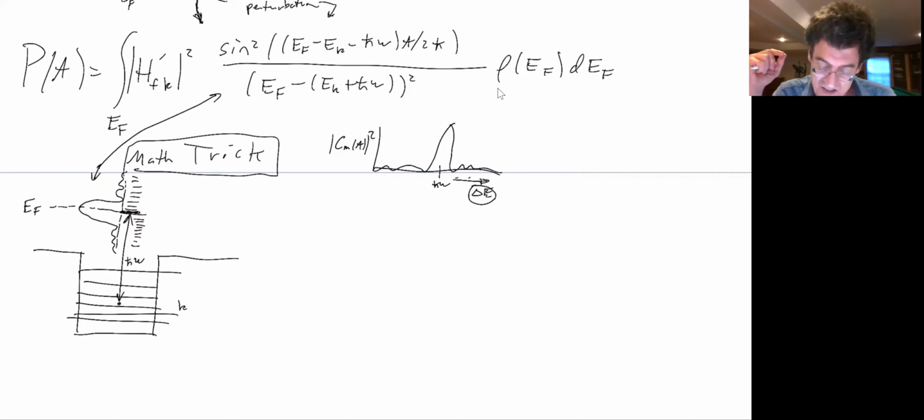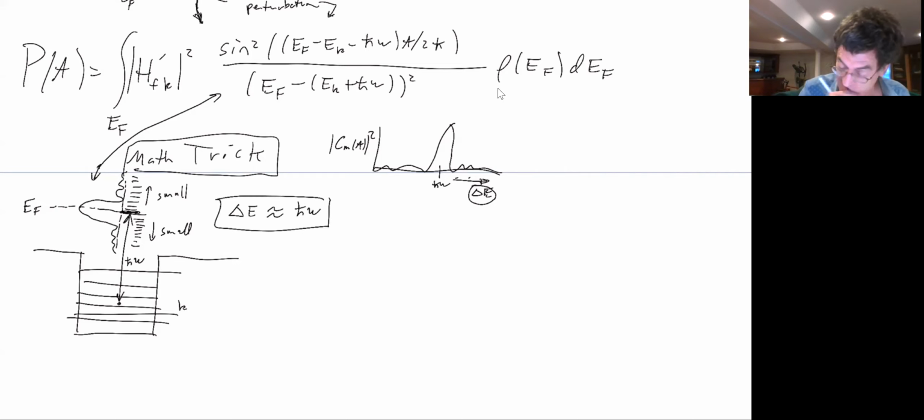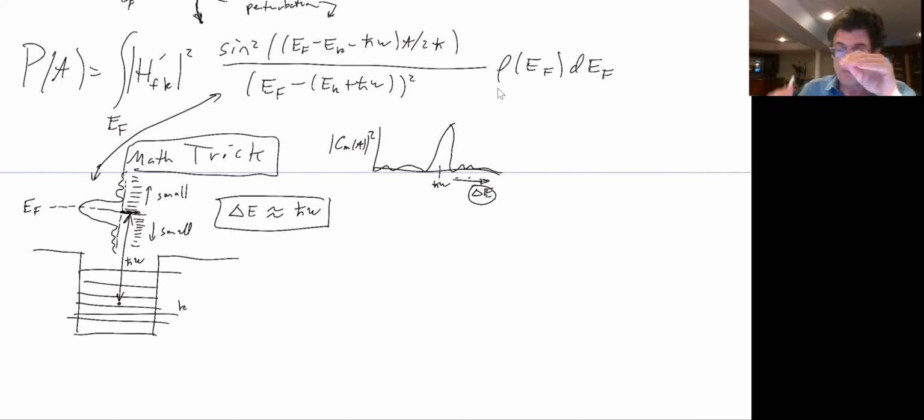And that's what I want you to see. As I go out in that direction, the factor gets small, and as I go in this direction, it gets small. The bottom line is that delta E really wants to be h bar omega. That's where you have the highest probability of an excitation, because of that peaked function.